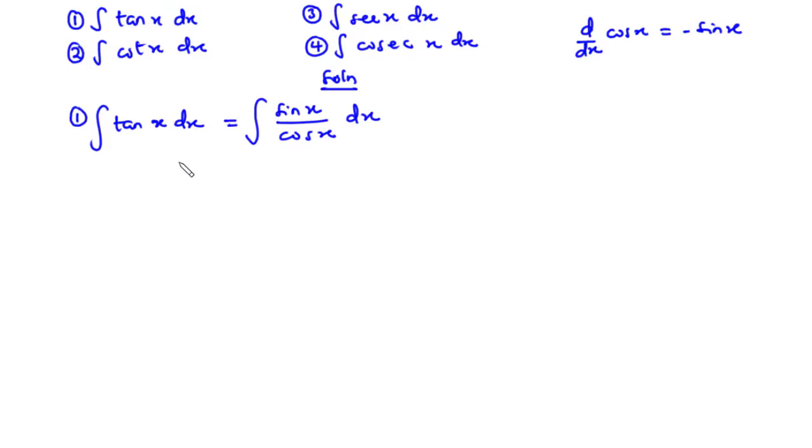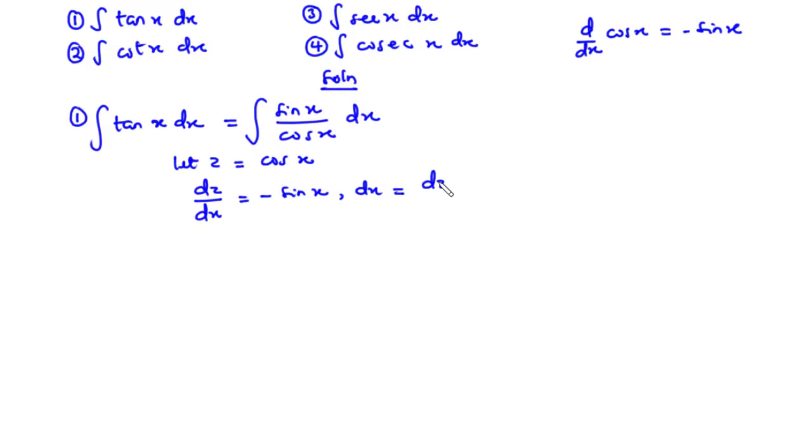So the first thing is to let the letter z be equal to the denominator, which is cos x. Next, you want to find the derivative of this denominator, or cos x, with respect to x. So that is equal to negative sine x, and then you want to make dx the subject. So we have dx to be equal to, so basically I'm going to interchange dx and the negative sine x.